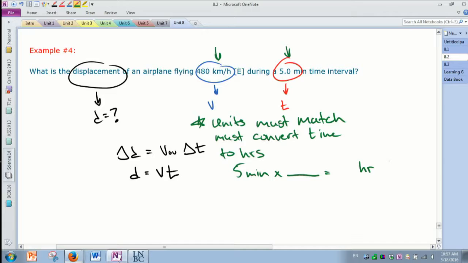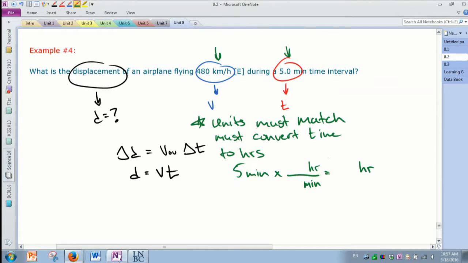So using all of the unit cancellation things we just did, going from kilometers per hour to meters per second, or meters per second to kilometers per hour, what are we going to do here? I have minutes on the top. I want to get rid of it. I'm going to put it on the bottom. I want to end up with units of hours, so I put it on the top.